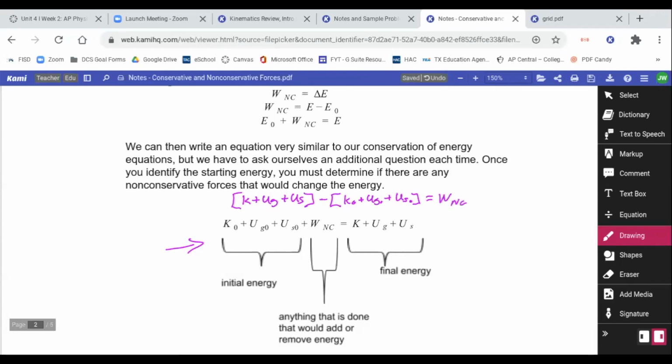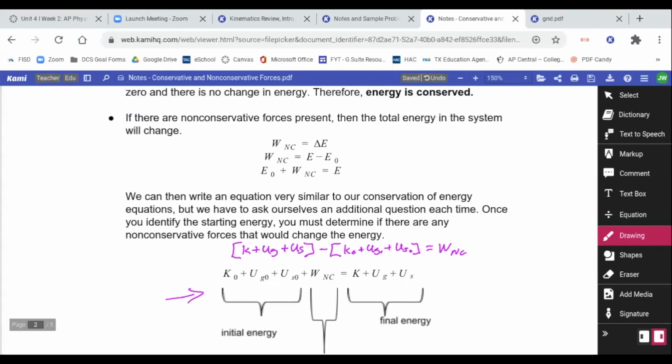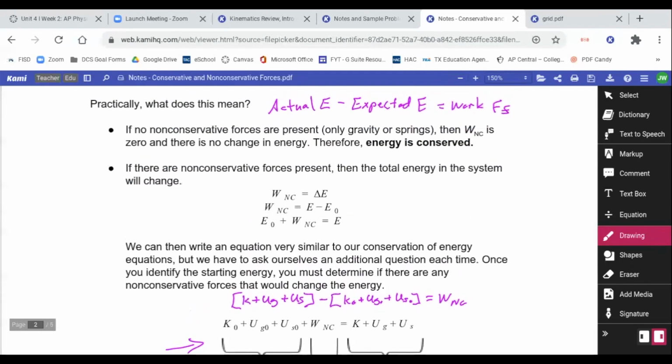Friction's a non-conservative force. So our final total mechanical energy minus our initial total mechanical energy is equal to the work done by non-conservative forces. That is our fancy formula. But when we're thinking about it in our mind, the actual minus the expected was the work done by friction.